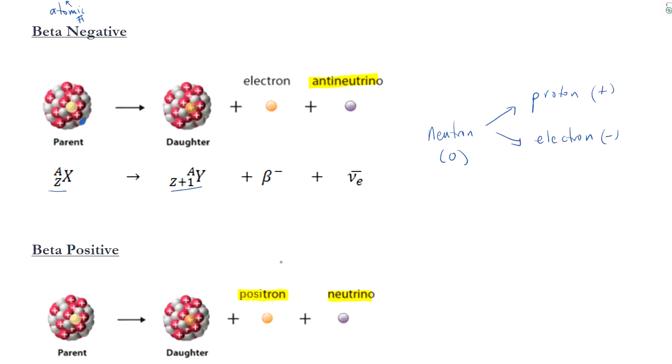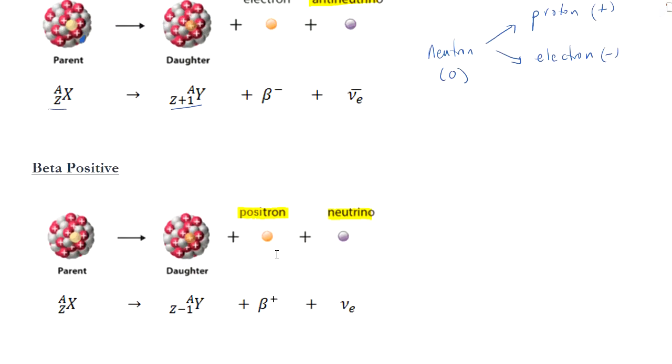So let's take a look at what this equation looks like down here. What happens is a proton disintegrates. So if a proton disintegrates into a neutron and a positron, the charge here is positive, the neutron is 0 charge, and the positron is positive.